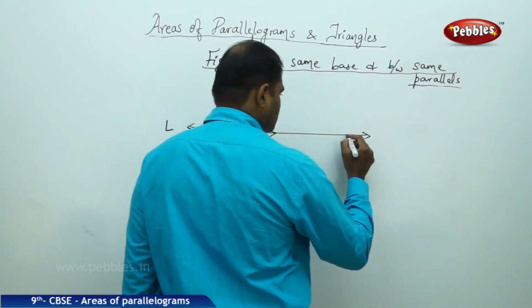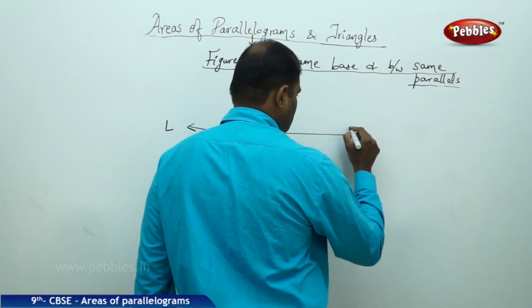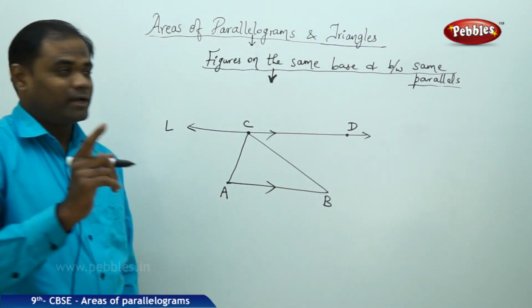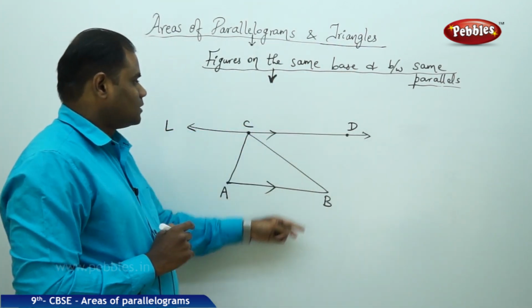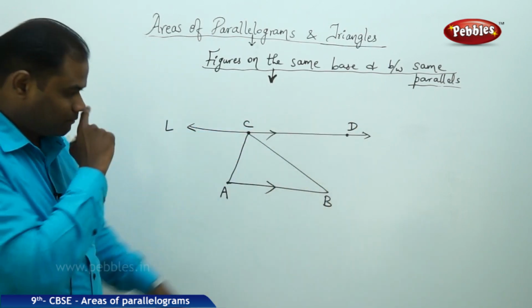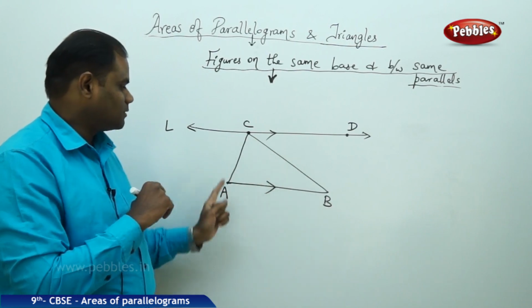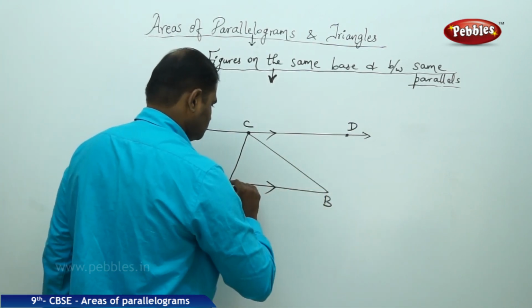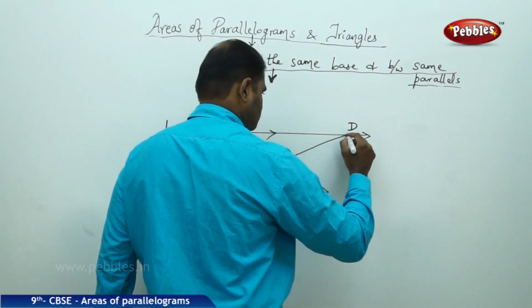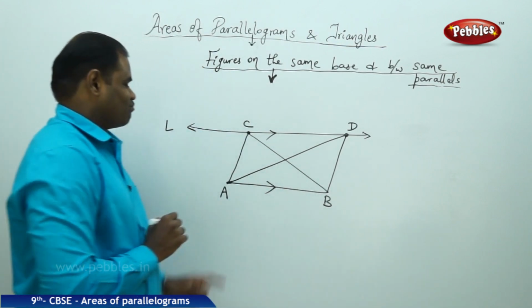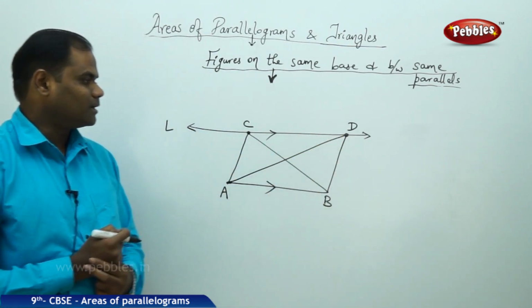Let me take another point D where I would draw a triangle with the same base. So between the same parallels AB and the line L, I have a triangle ABC with the base AB. Now I will draw a triangle ADB with the same parallels.